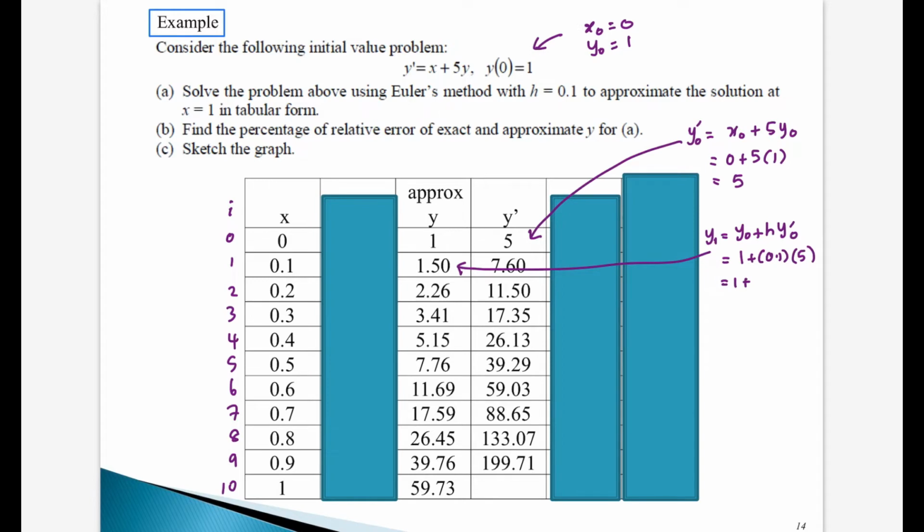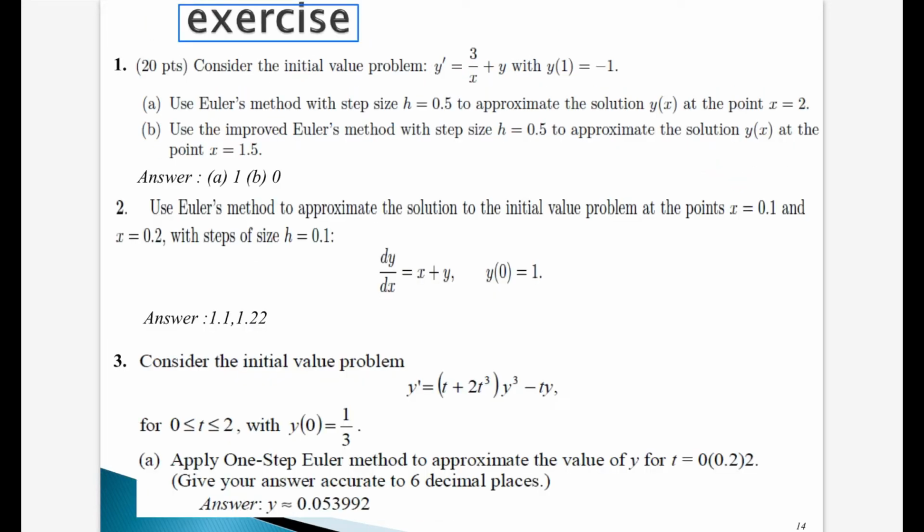So 1 plus 0.5, so you get 1.5. So that's how you get this value. Just calculate it until 10 subintervals. This is your approximate solution of y, 59.73.